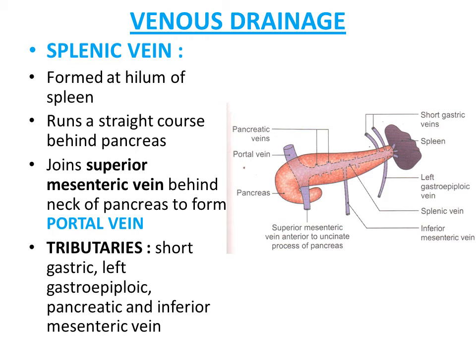Now the tributaries of the splenic vein are the short gastric veins, left gastroepiploic vein, pancreatic veins, and the inferior mesenteric vein. They are all tributaries of the splenic vein. This is about the blood supply, including arterial supply and venous drainage of the spleen.